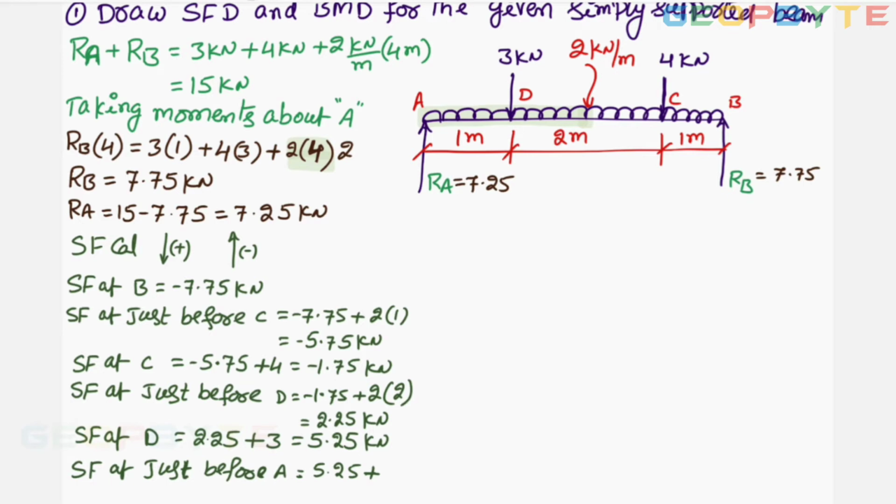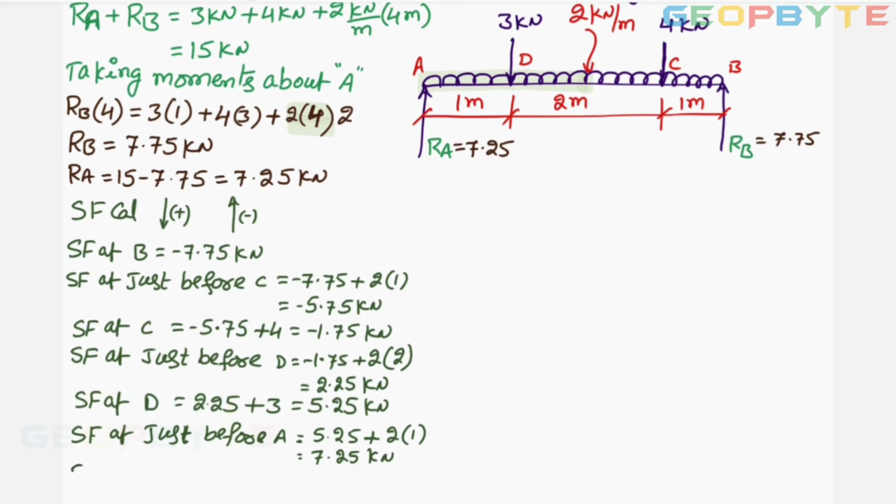For getting the point load from the UDL, you multiply UDL with UDL distance, that is 2 into the distance between D and A, that is 1 meter. It is equal to 7.25 kilonewton.